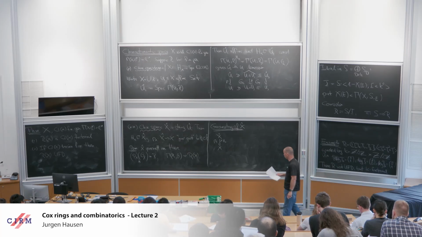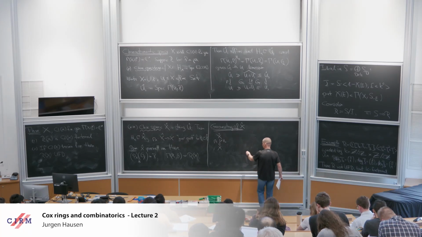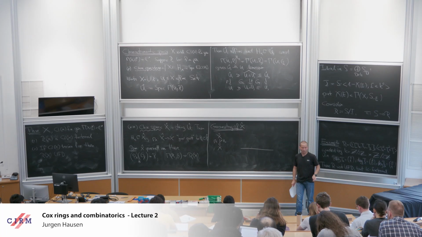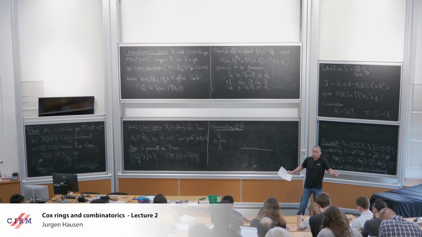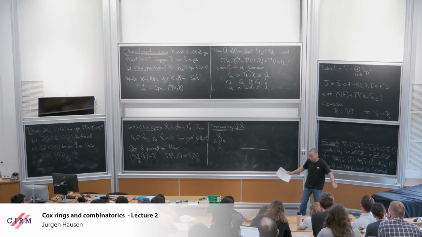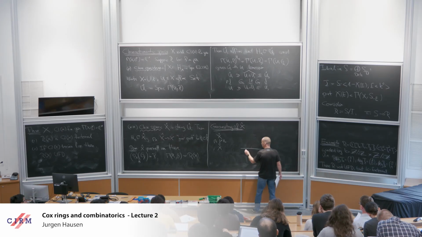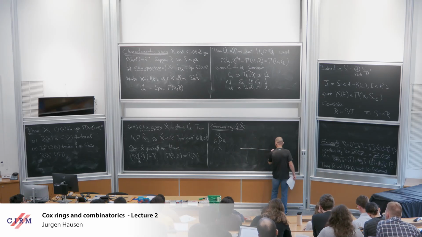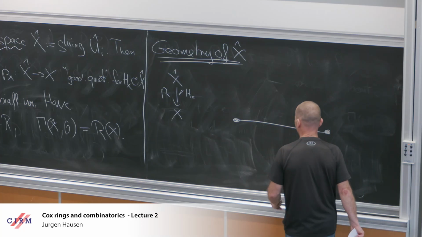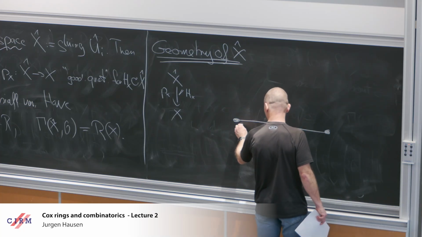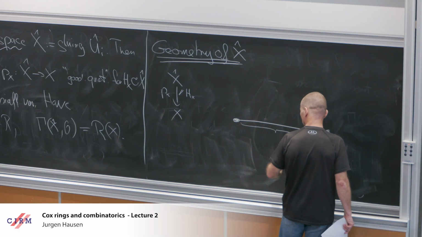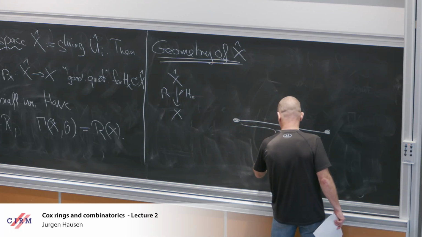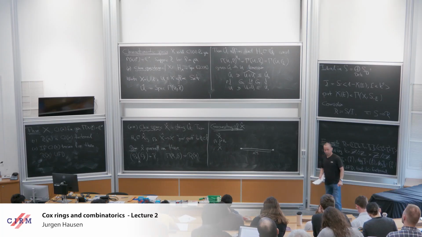What can we say? I mean, we can say something about X. So this is X. X is a normal variety. Normal varieties are normal, which in particular means that the singularity set is not too big. So we have a big part which is smooth. A big open subset.